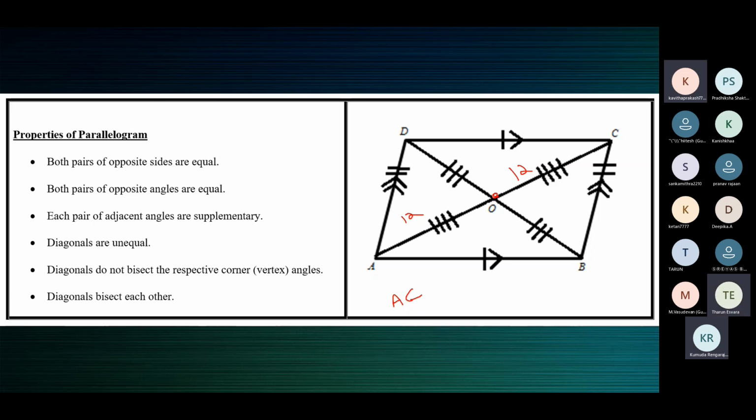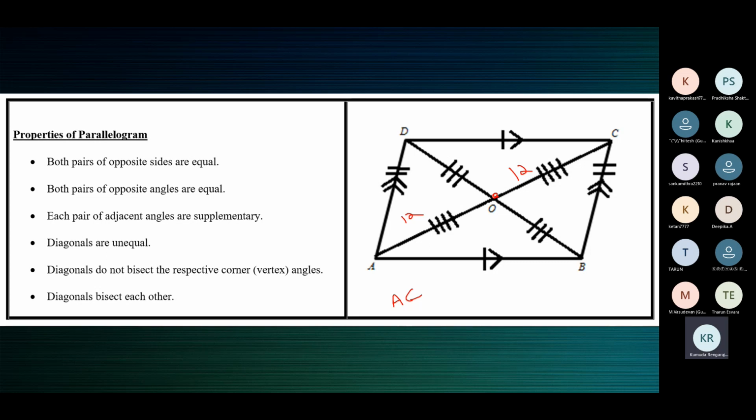What's the reason? Who's that? Shivani. What's the reason, Shivani? The properties are alongside. You can see and tell me the property you used to find the length of BD. What is the property you read about the diagonals? Are the diagonals equal or unequal?